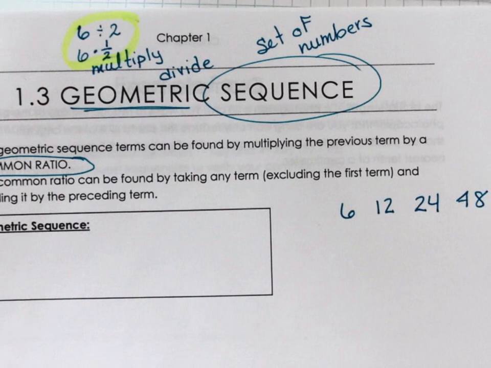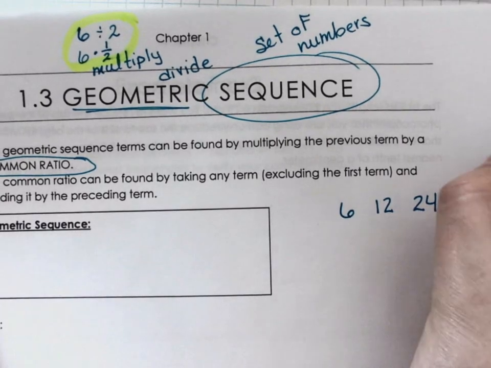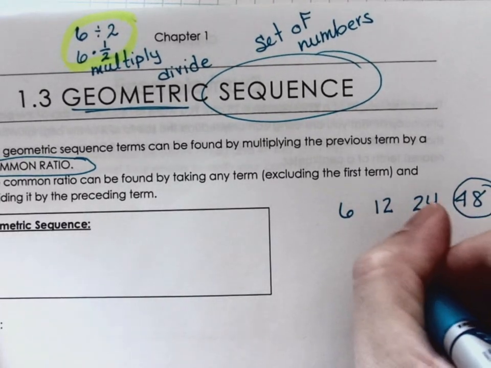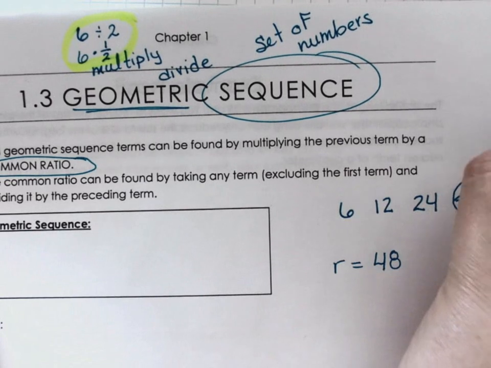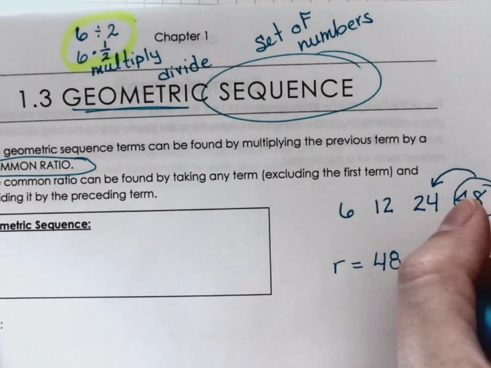Okay, if I want to find the common ratio, I'm going to take a term and I'm going to divide it by the term before it. So I'm going to take 48 and divide it by the term before it.